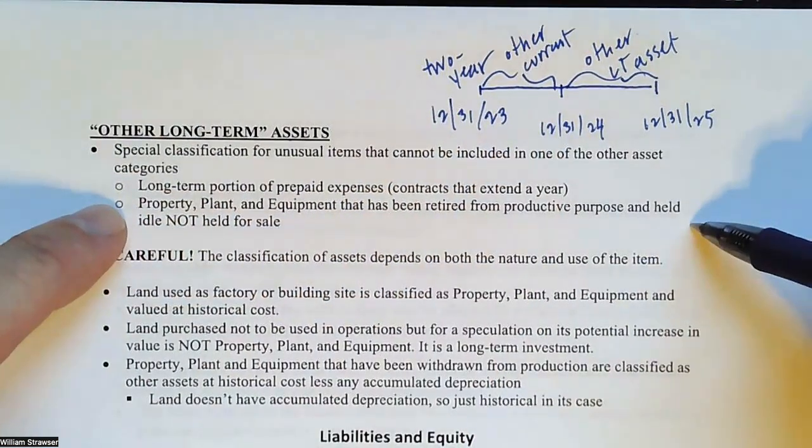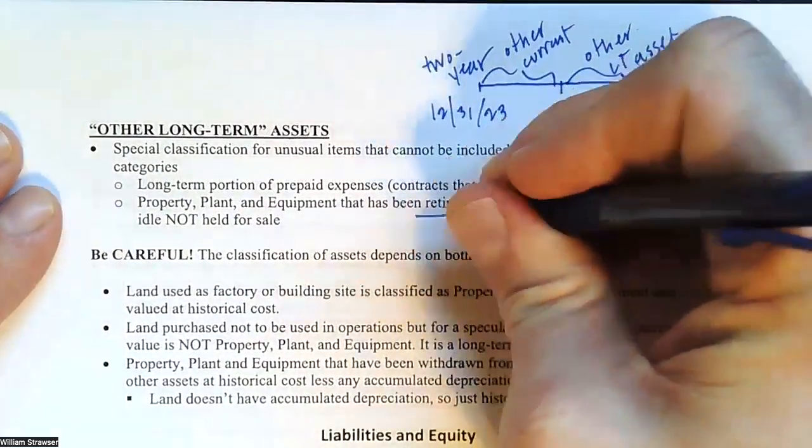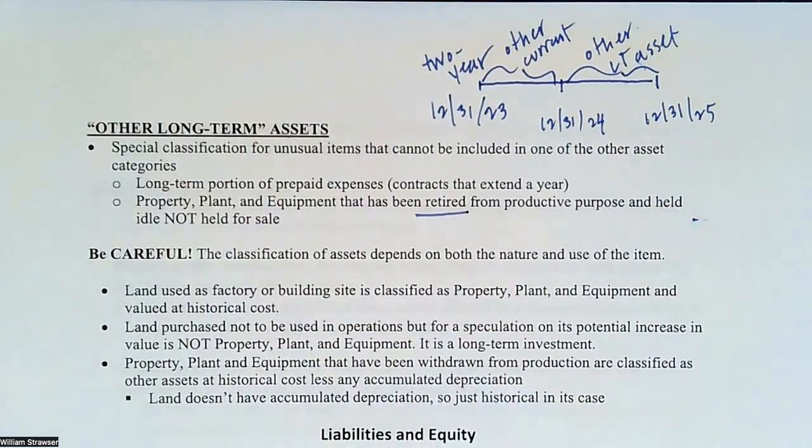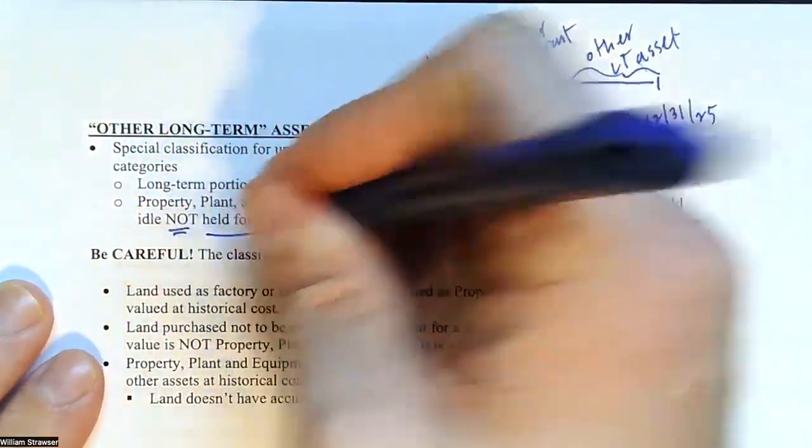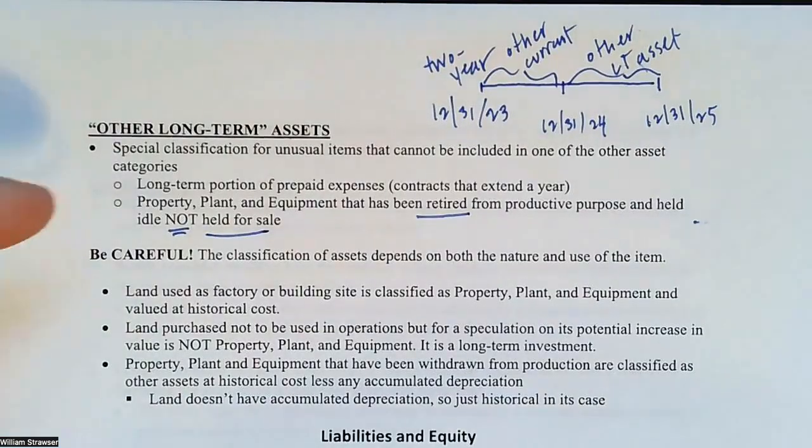Property, plant, and equipment that has been retired, because remember, the definition of PP&E requires that it be currently used. If it's not currently used and it's not held for sale, then it's an other long-term asset.